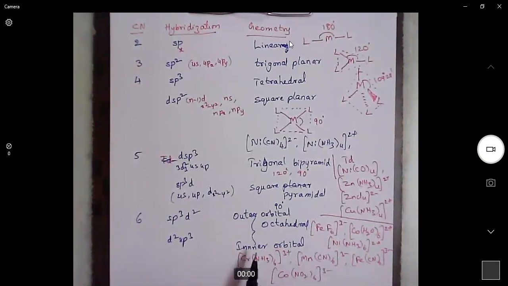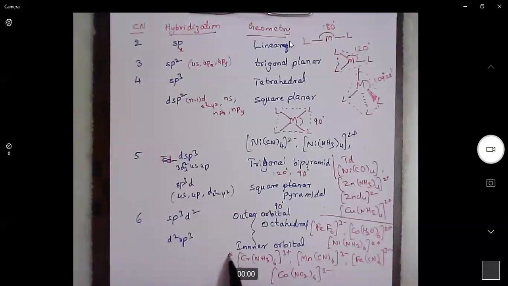For inner orbital complexes, we need to have very strong ligands, which we will explain in crystal field splitting theory. Mostly cyanide ion, nitrite ion, and carbon monoxide will force single electrons to pair up. Ammonia is not a strong ligand, but in the case of chromium, it forces electrons to pair up.